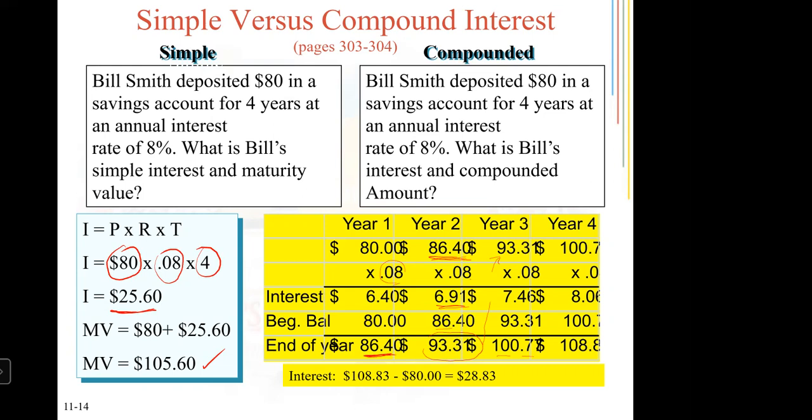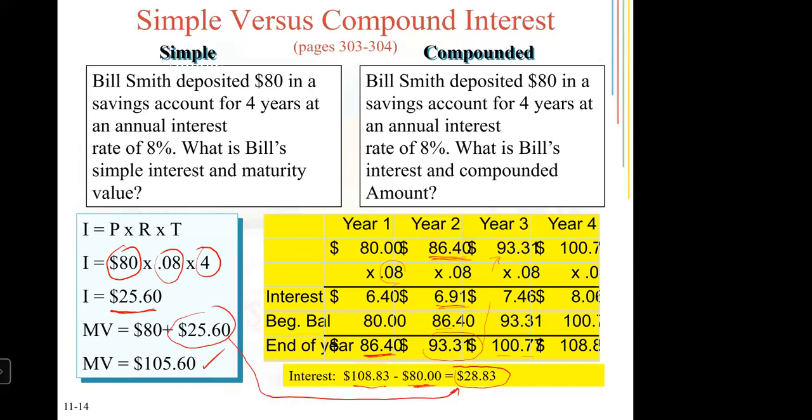And so at the end of year 4, you will have $108.83. And so if you want to find out what your interest earned for the period was, it would be $108.83 minus what you start with, which was $80. So you earned interest of $28.83, which is slightly higher than what we had here, which was $25.60.